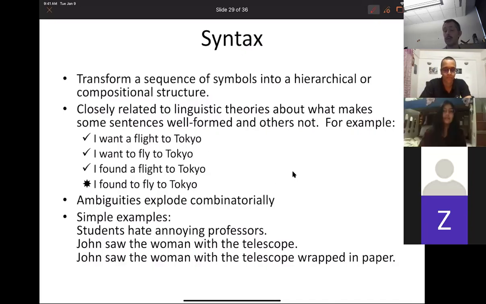I guess the second one, you're not sure if the woman had the telescope or whether you're looking at her with the telescope. Yeah. The first one, the difference is whether annoying is an adjective or annoying is a verb. So are there annoying professors that are annoying? Do students hate professors that are annoying, or do students hate to be annoying to professors?